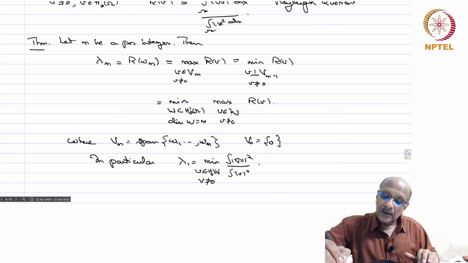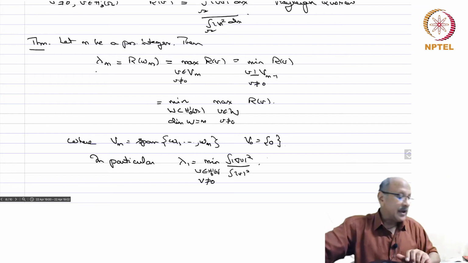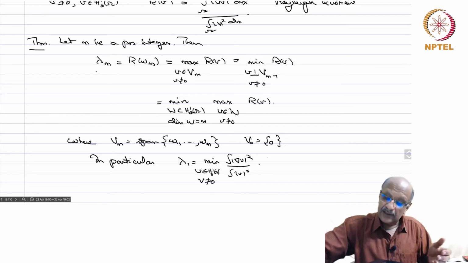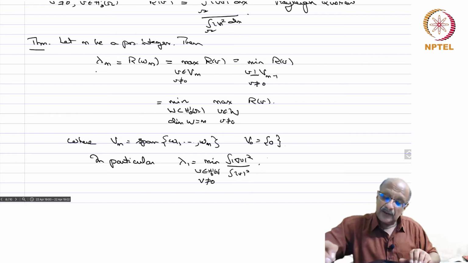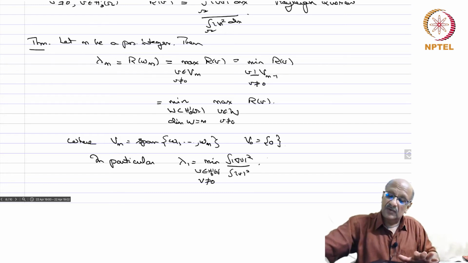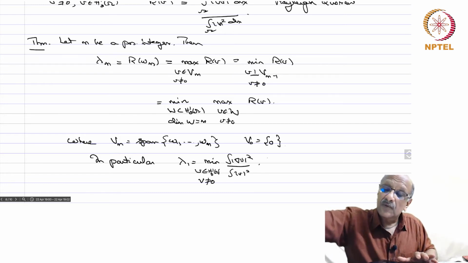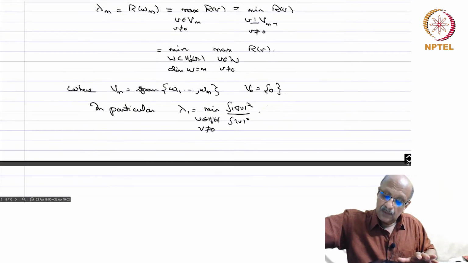It says you take any m dimensional space, take the maximum of the Rayleigh quotient there, and minimize that maximum over all m dimensional spaces, and that will give you λm. So, this is a very beautiful characterization of the eigenvalues, and in particular when m equals 1, it is just a minimum over the entire space. Okay, so we will prove this.